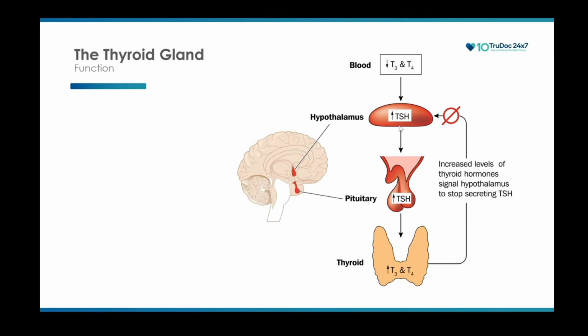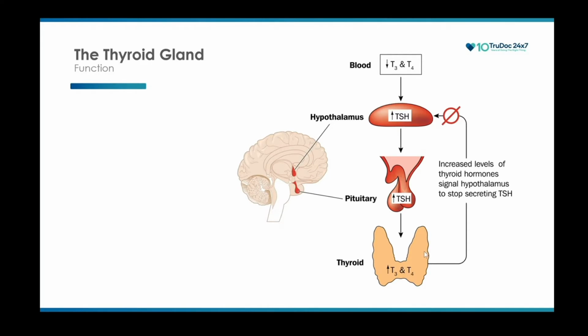One factor that does come into play is autoimmune disease, when the body produces antibodies and starts stimulating the thyroid, not through the hypothalamus or the pituitary itself. So it's going to keep on stimulating the thyroid gland.